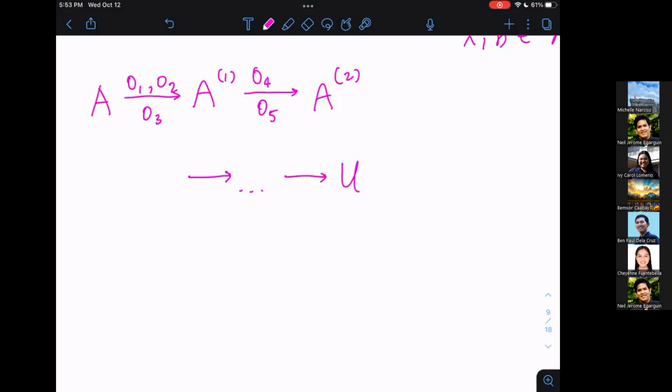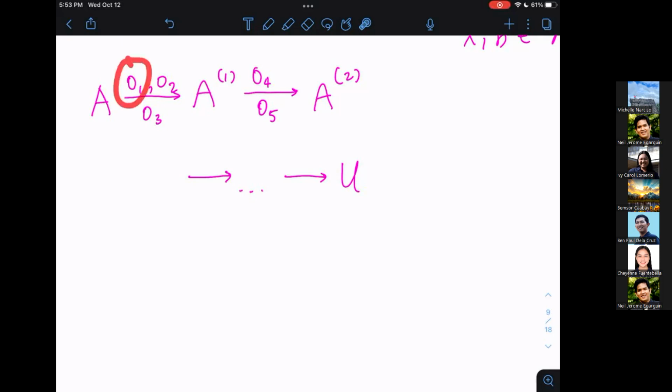So idea here is each of the elementary row operations always correspond to an elementary matrix. And that elementary matrix is the matrix formed by performing the said elementary row operation to the identity matrix. Yun yung mga elementary matrices natin na tinatawag.